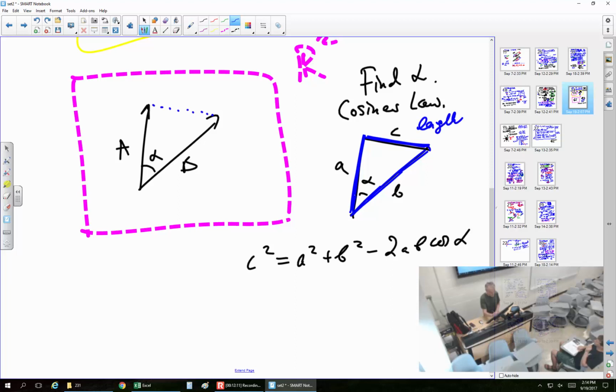So let's be clear about it. A, B, and C are the lengths of the sides of the triangle, so they will be the lengths of the vectors. This is the length of vector A. This is the length of vector B, repeated twice to 2AB cosine alpha, which is what we're looking for. This is what we're trying to find.